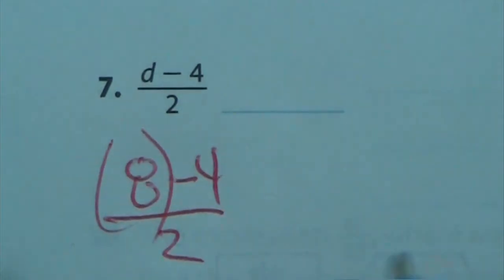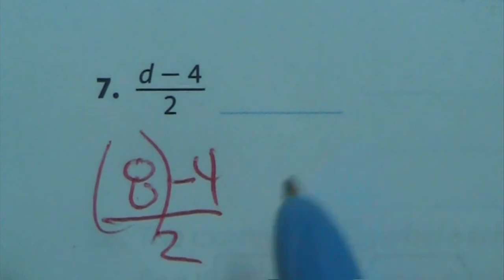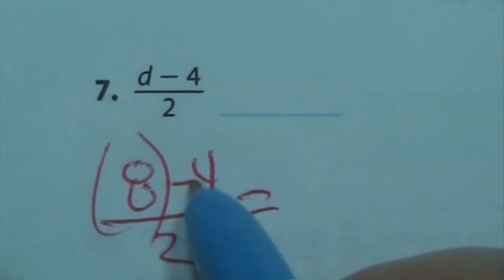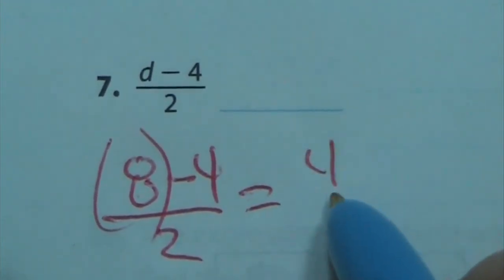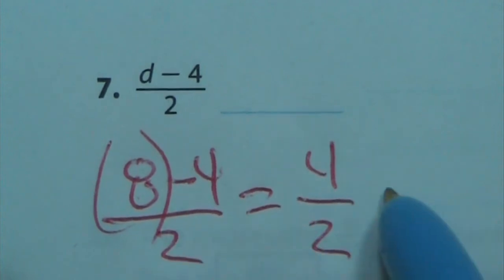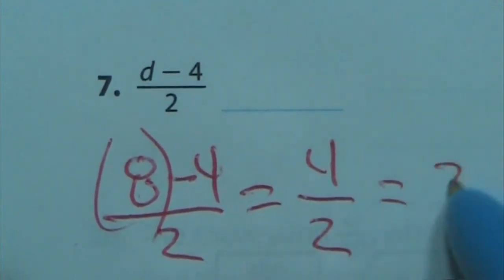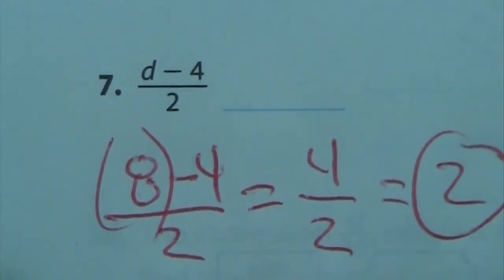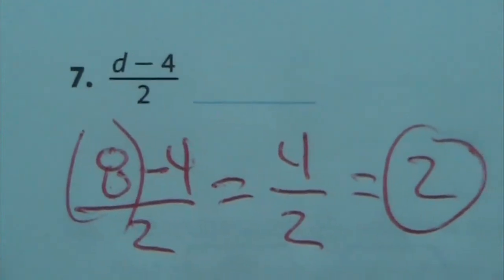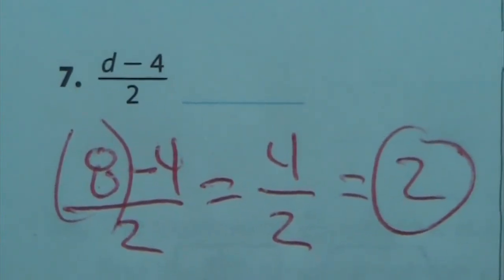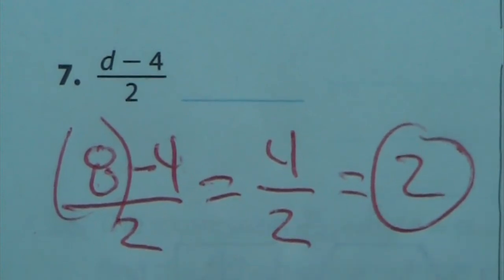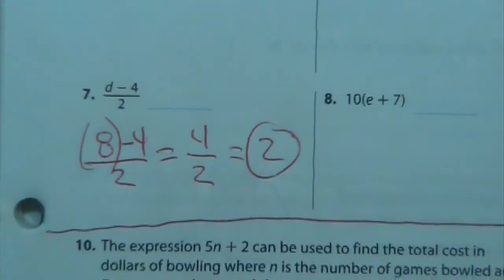That one right there. That's 8. 8 minus 4. Okay, 8 minus 4 is 4. 4 divided by 2 is 2. Okay, you go ahead and do the rest of them. But this is how you do it. Plug the number in and then find the answer. 1 through 9.